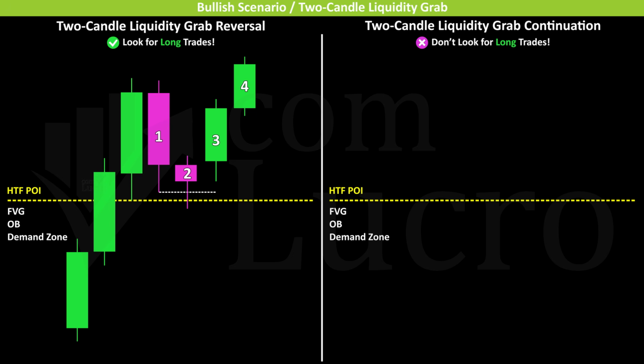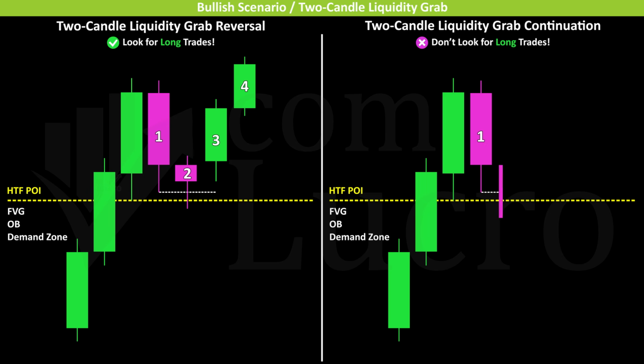Once this bullish reversal is confirmed, we can begin shifting down to lower time frames to look for execution models and confirmations for long positions, such as a bullish CISD, a change of character, or any lower time frame confirmation supporting bullish continuation from the higher time frame point of interest.